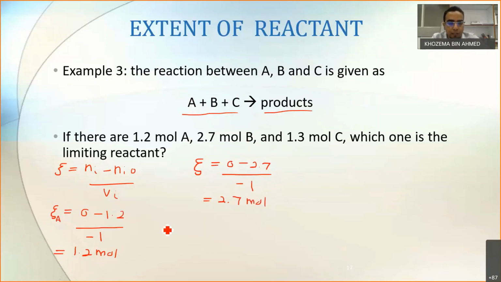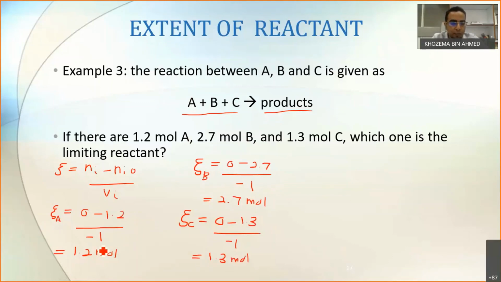This one is for B, and then the extent of reaction for C: again no C at the end, minus at the beginning I have 1.3 mole, divided by negative 1, so I'll get a value of 1.3 mole.